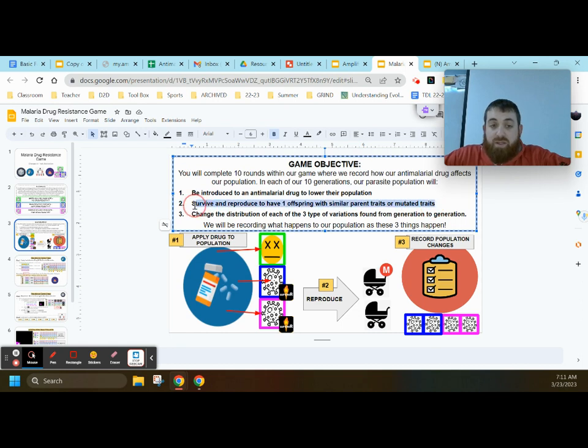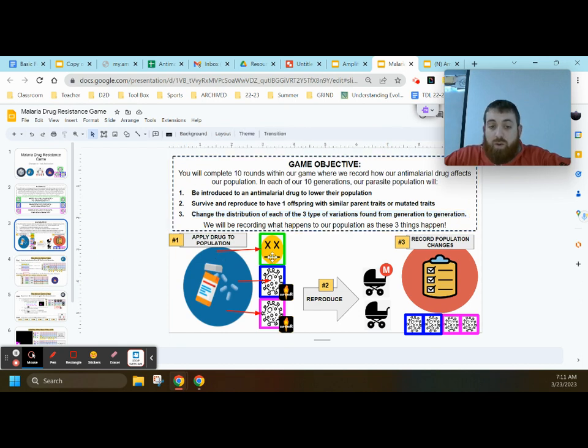The second thing that's going to happen is they're going to survive. Those that survive are going to reproduce and have one offspring with either similar traits to their parents, so that drug resistant traits, none, low, or high, or they'll have a mutated trait. Last but not least, this will change the distribution for each of the three types of variations found within the generations.